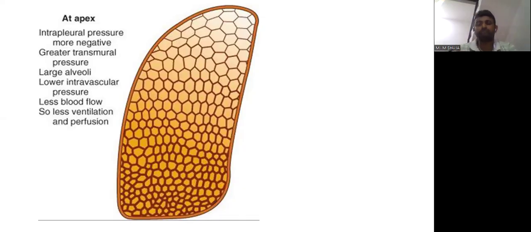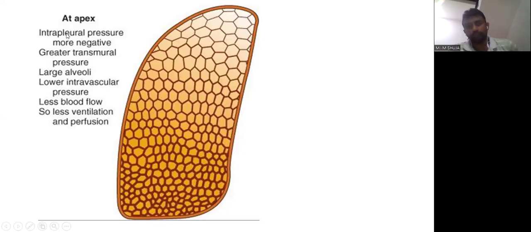That same principle applies here. Already expanded alveoli, because of the increased negative pressure, are again difficult to expand further. But the base is less expanded, and when pressure increases, it will expand further.